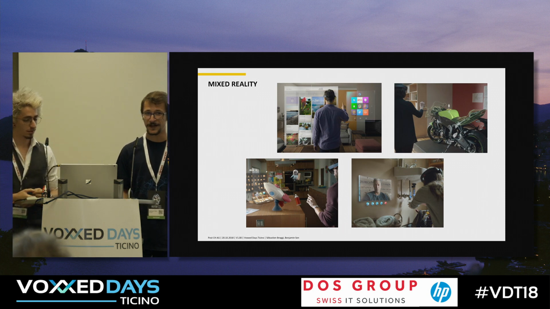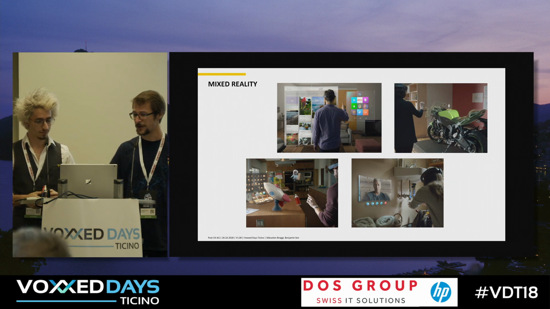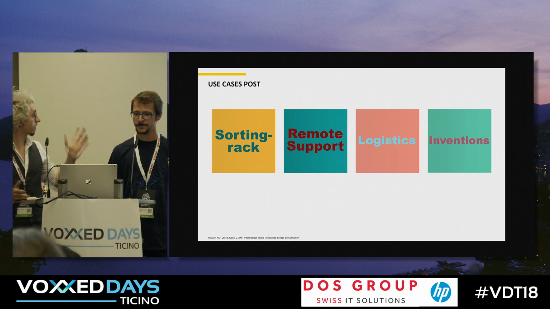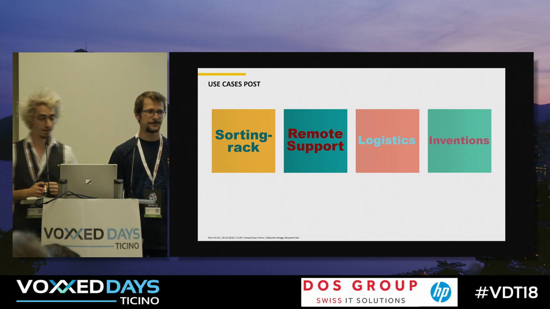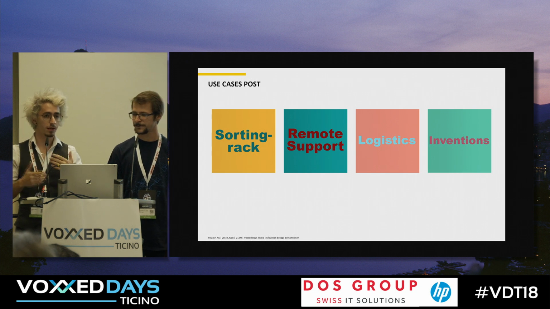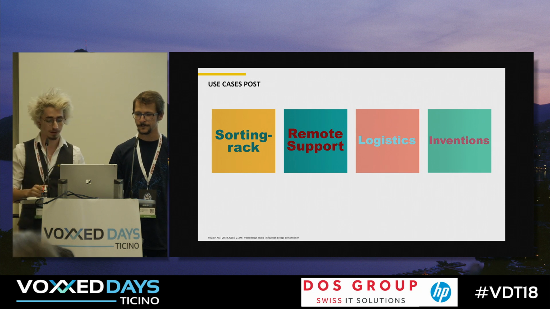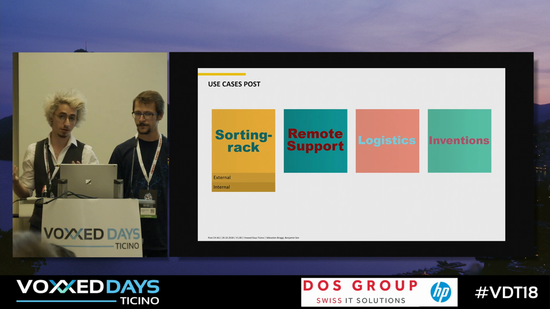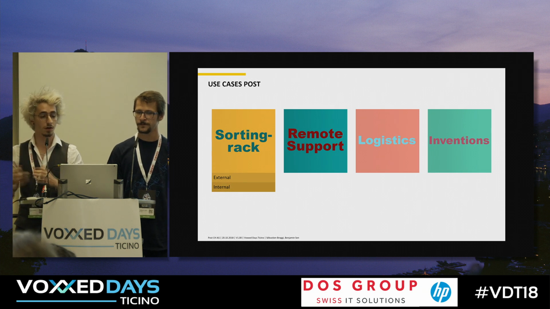Sounds great, but what does the Post actually do with it? Well, we have four main cases. First of all, we have the sorting rack. The sorting rack is used to manually sort letters that we can't sort automatically, like special sendings. There we have two cases. One case is for external sendings for external companies, and one case is for internal sendings.